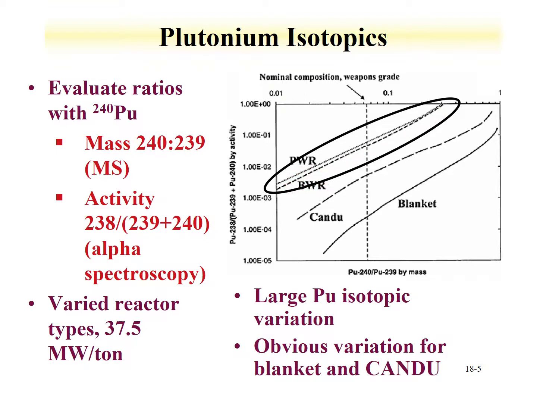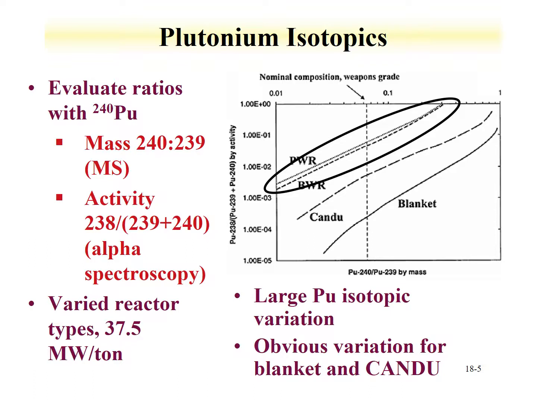However, it can be observed. And here's your nominal composition of weapons-grade plutonium. If you look at the plutonium-240 to 239 mass, over here would be weapons. Here would be more reactor conditions.